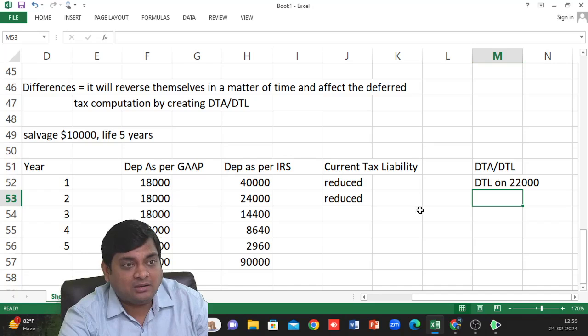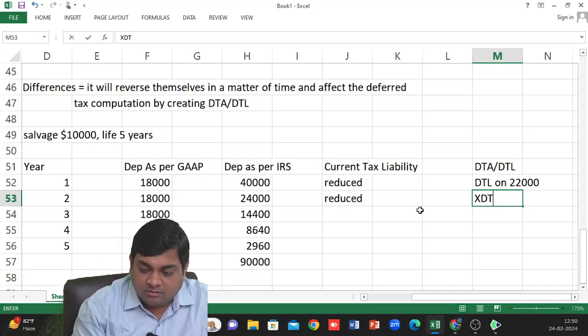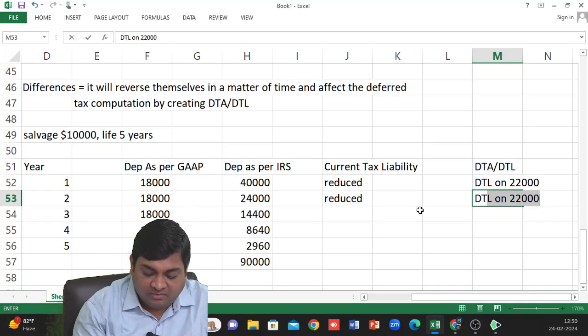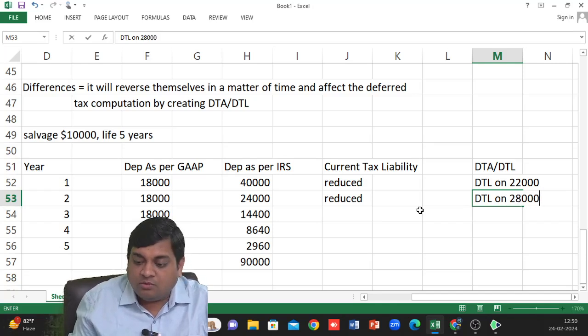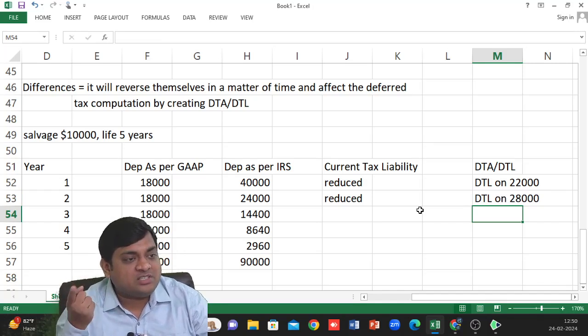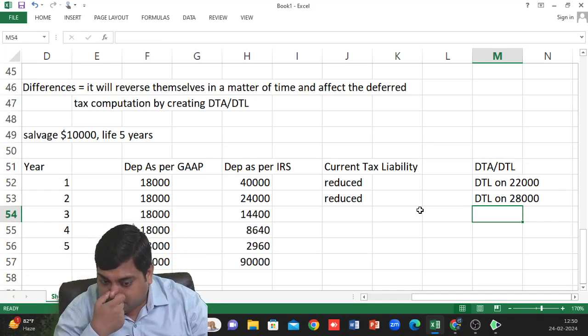If I see total, I will create deferred tax liability on 28,000. 22,000 is of first year and 6,000 is of this year.